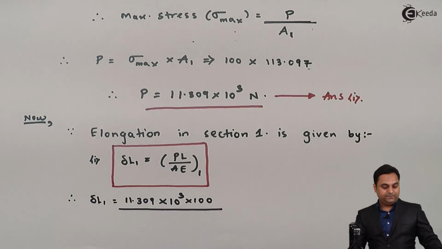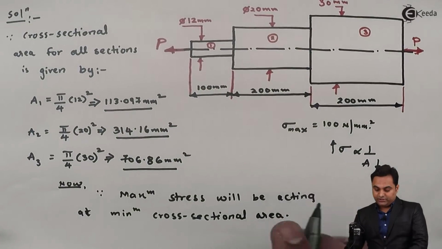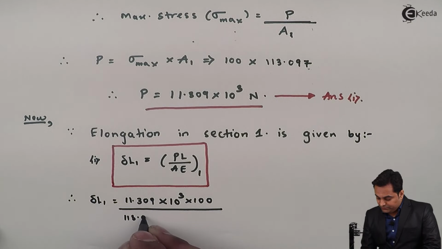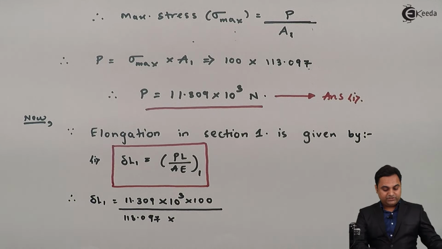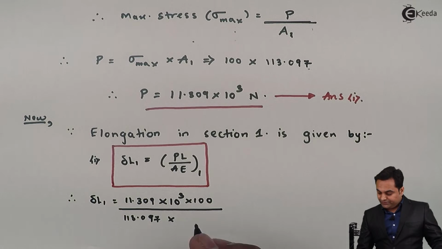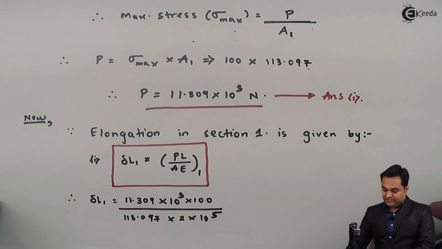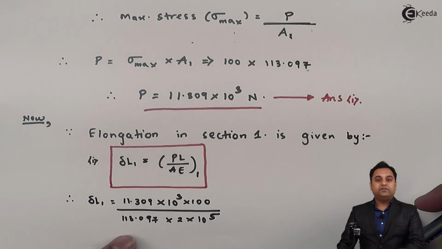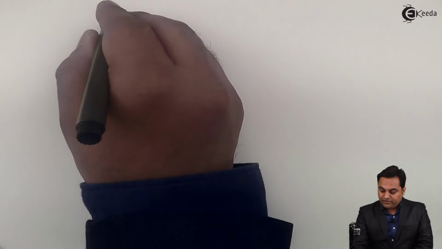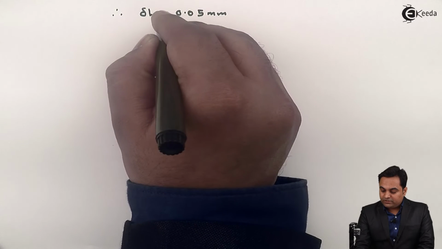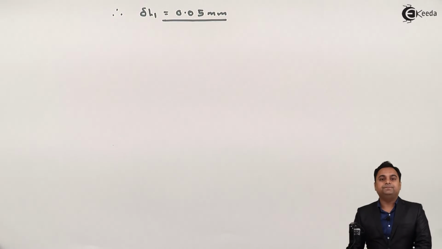Area of the first section, we have found out it was 113.097, into Young's modulus, which is given in the question. Its value was 2 into 10 raised to 5. So from this, if I calculate, I'll get the deflection in the first section and my answer is 0.05 mm. So this much is the deflection in the first section.